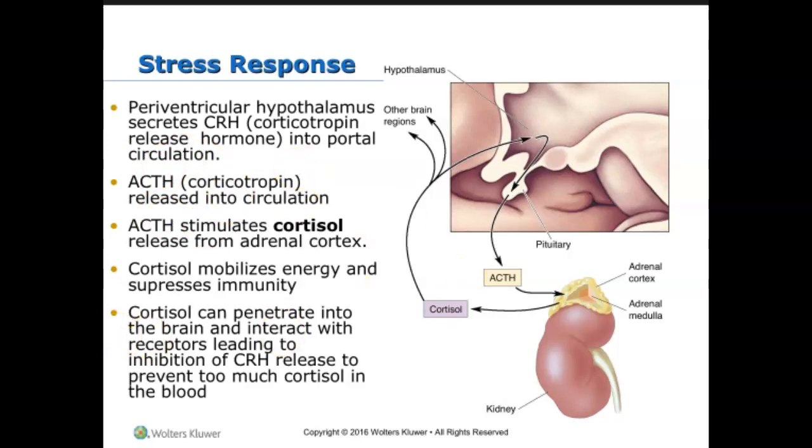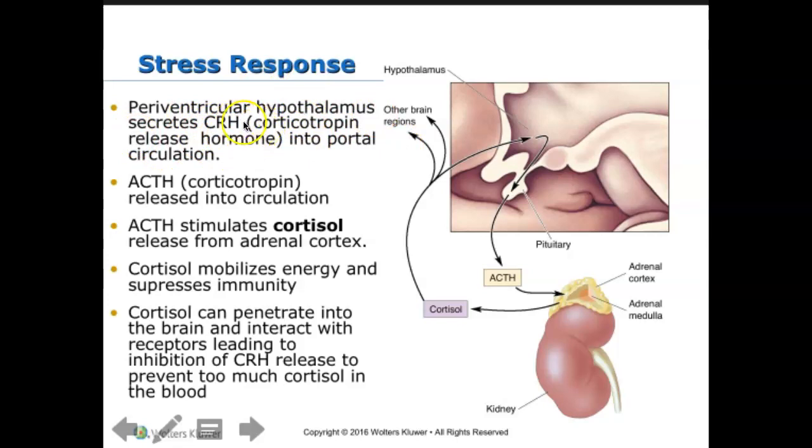Adrenocorticotropic because it targets the adrenal cortex, ACTH. That's what it stands for. So the release of this hormone is going to be under control of these parvocellular cells up in the hypothalamus that are going to secrete something called CRH, corticotropin release hormone.